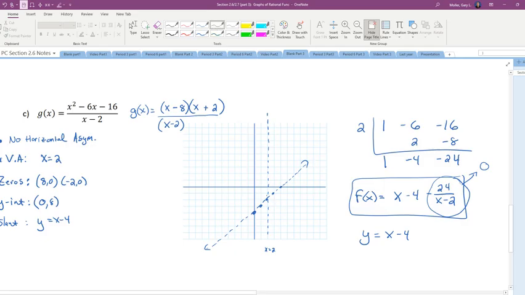Zeros at 8. 1, 2, 3, 4, 6, 7, 8. Negative 2. 0, 8. 1, 2, 3, 4, 5, 6, 7, 8. All right, I think we have everything we need to graph this.